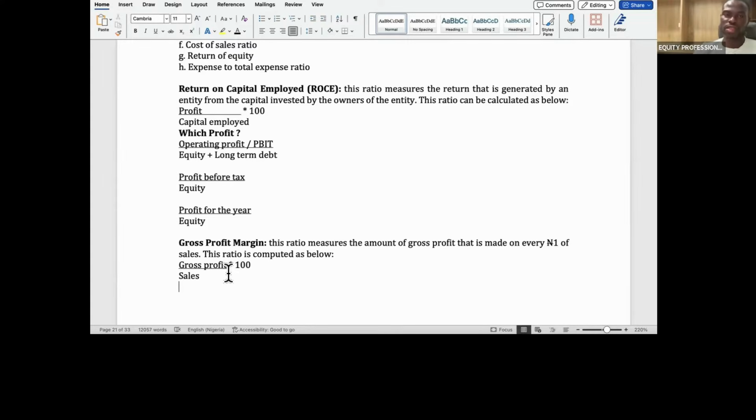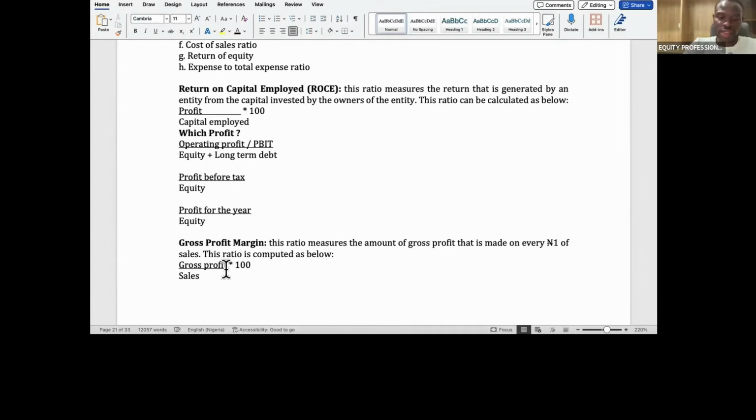You need to speak to that within the financial statements given to you. So they'll probably give you 2 years' financial statements and some context, some details around the question. From the context given to you, you can point out what has caused an increase or decline in GP margin.